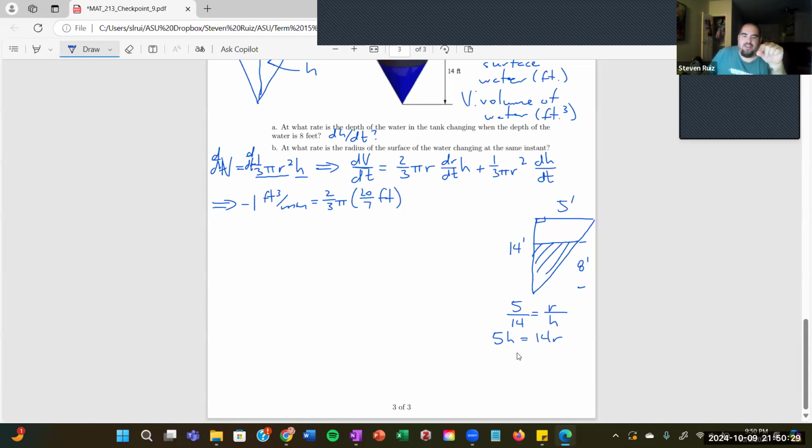That's true about the height and the radius, but if I take the derivative of both sides with respect to time, I get 5 dh/dt equals 14 dr/dt. And I'm looking for dr/dt specifically, right?